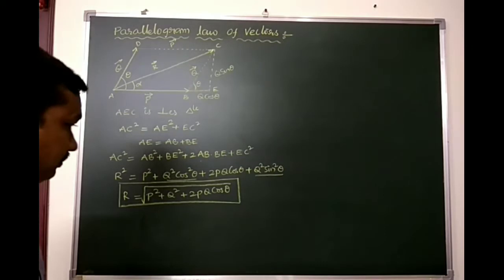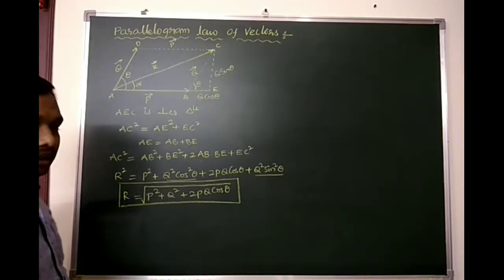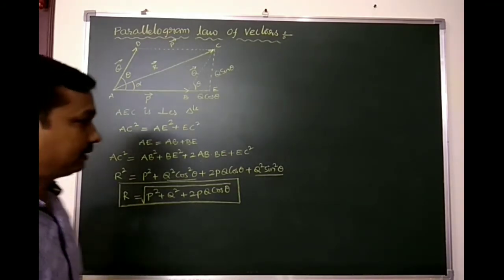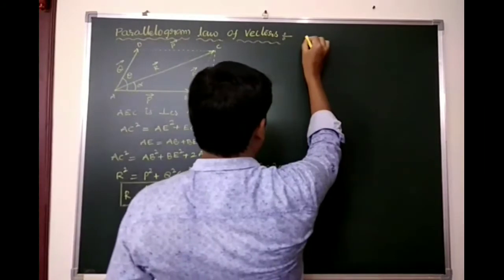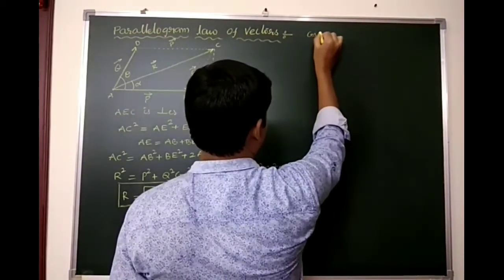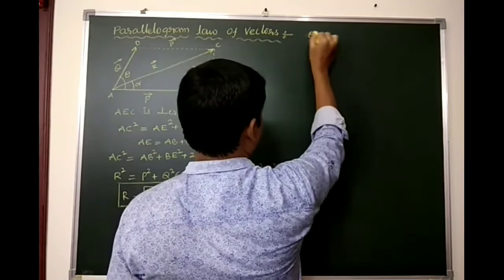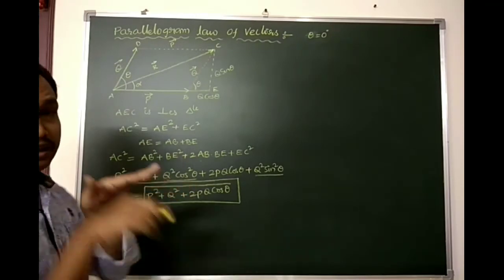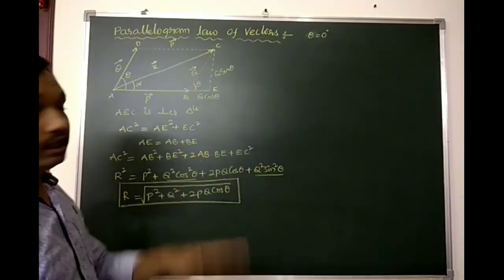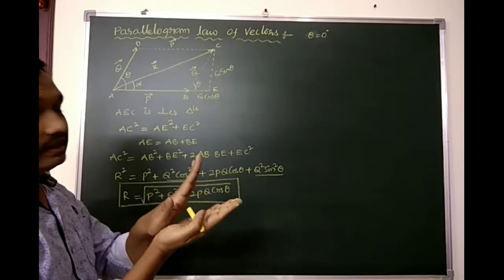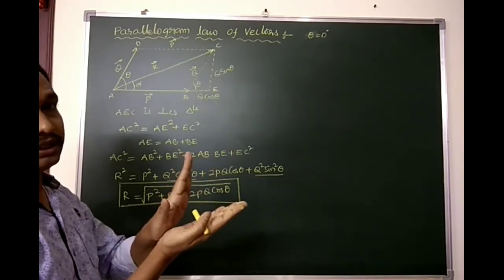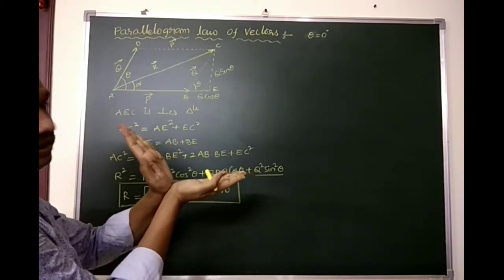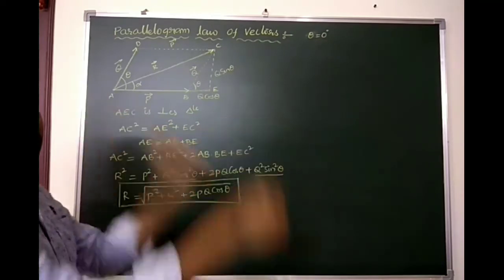Suppose the P vector equals the Q vector. We will get different cases on the basis of the angle. Let us take a few cases. If the angle changes, we get different results. Theta equals 0 degrees, meaning both vectors are along the same direction; theta equals 30 degrees, 60 degrees, 90 degrees, 120 degrees, and theta equals 180 degrees, opposite in direction.